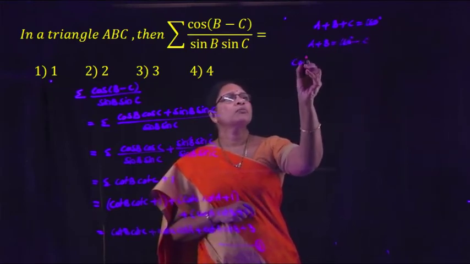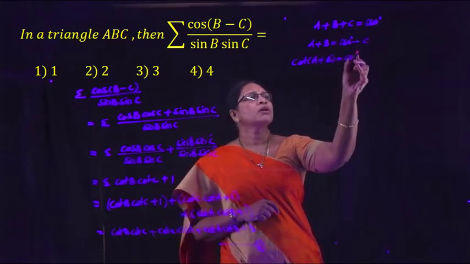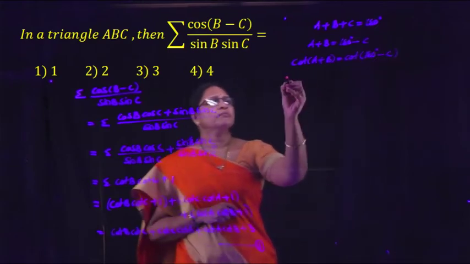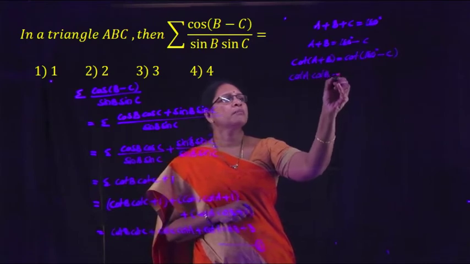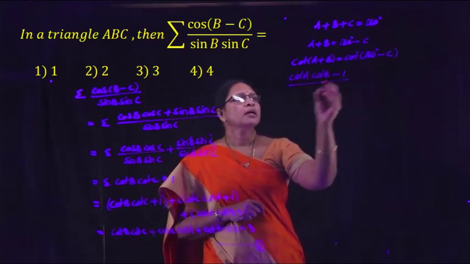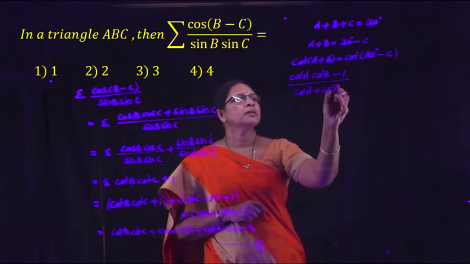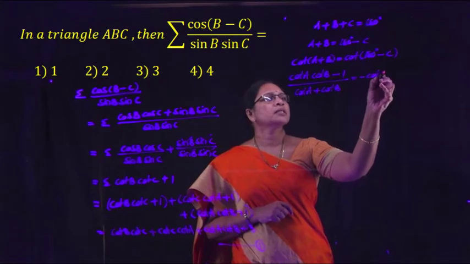Apply cot on both sides. We have cot (a plus b) is equal to cot (180 minus c). Cot (a plus b) is (cot a cot b minus 1) by (cot a plus cot b) is equal to cot (180 minus c), which is minus cot c.